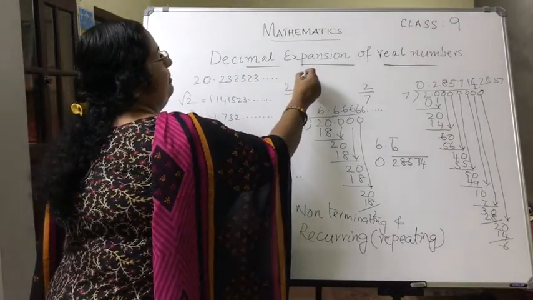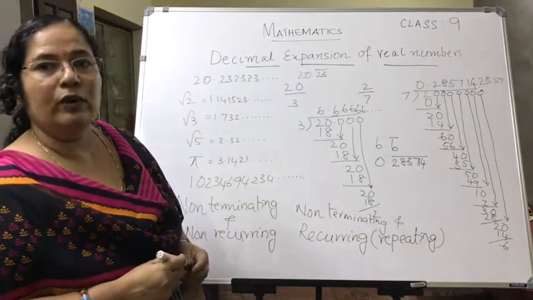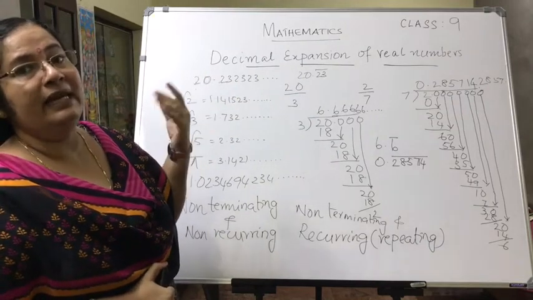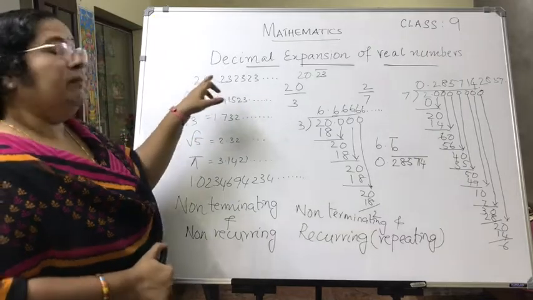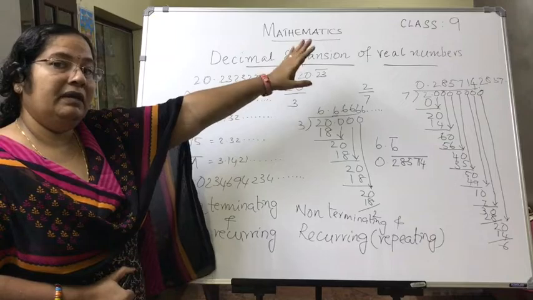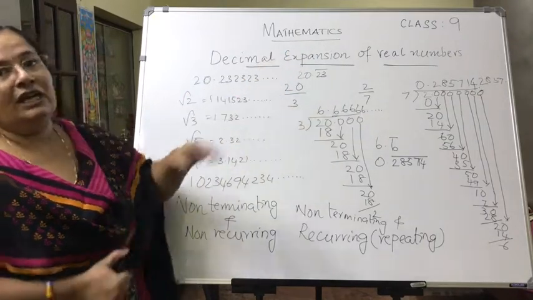As 20.23 bar. The bar over 2, 3 tells you that those two digits are being repeated. Is it clear for you? So what type of number would this be? It is non-terminating and recurring, so it will be a rational number.